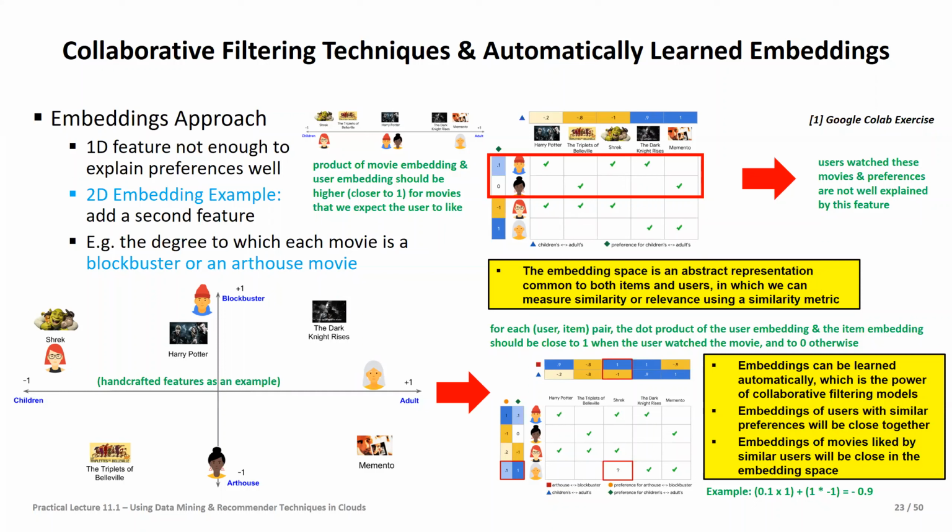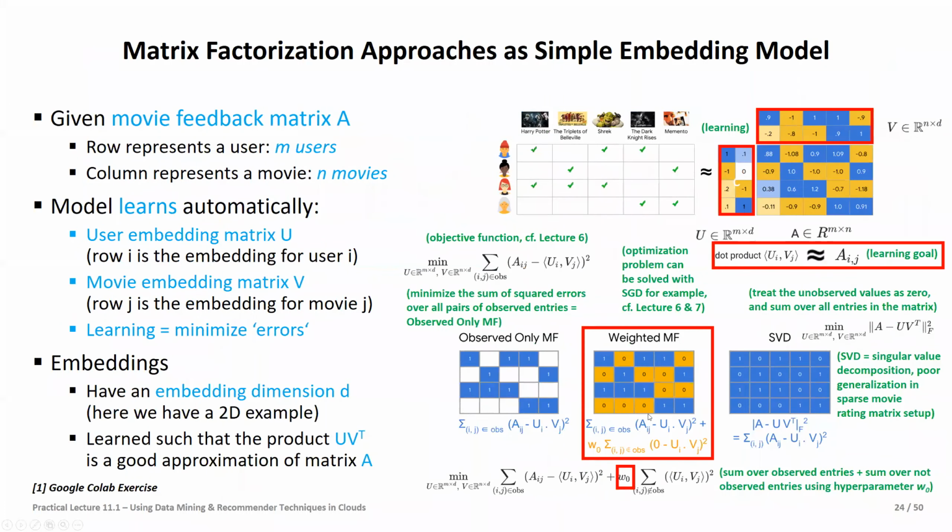You don't have to say it's a blockbuster or for adults. All you need to have, and this is of course the only requirement, is this kind of rating matrix. And this is always what I said earlier, the data you need to have, otherwise you can forget to do data mining, of course. But if you have the rating matrix, you can apply this collaborative filtering.